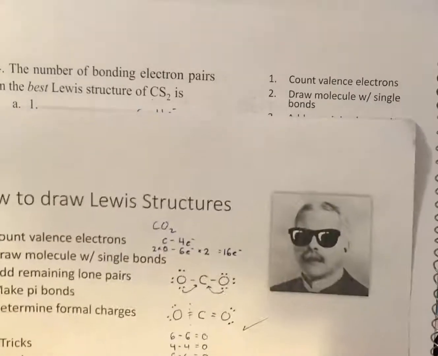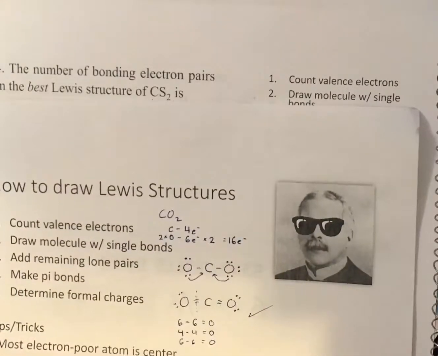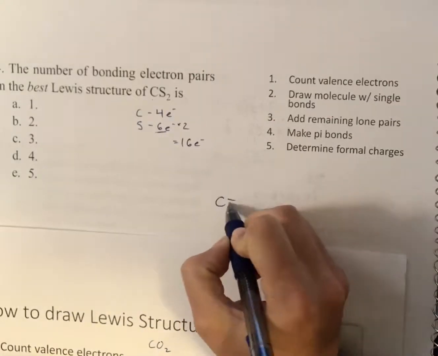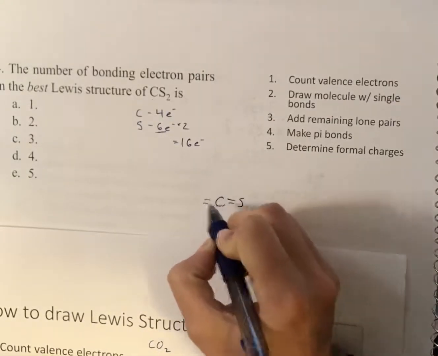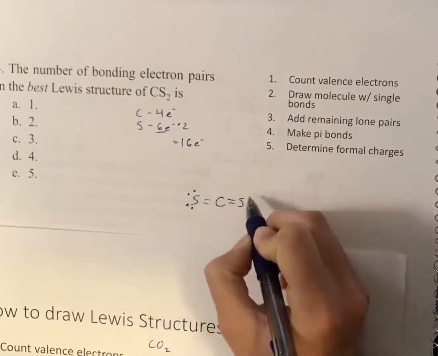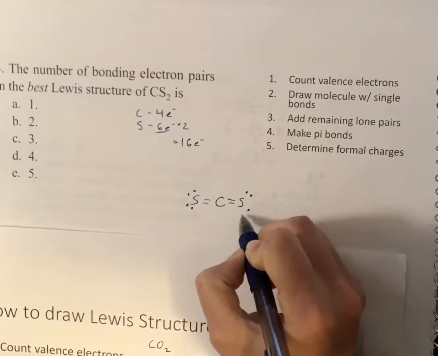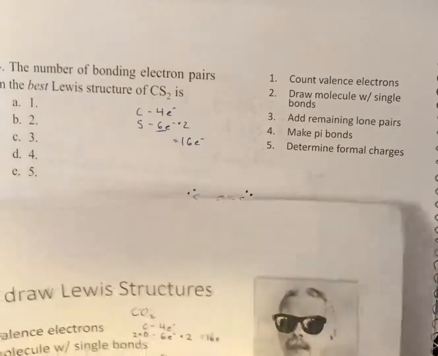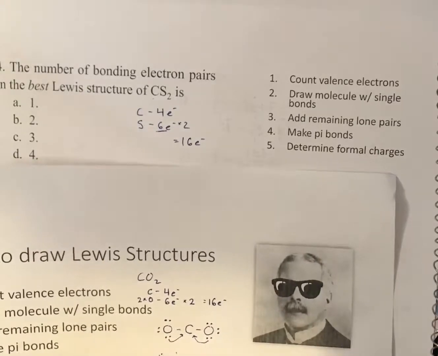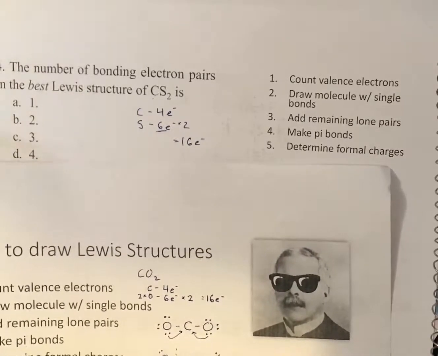So just for time's sake of this video, I am just going to copy the Lewis structure, but with S's instead. Hopefully that makes sense why we could do that. It's because S is very similar to oxygen because they're in the same family. That's why we can do that in this Lewis structure.